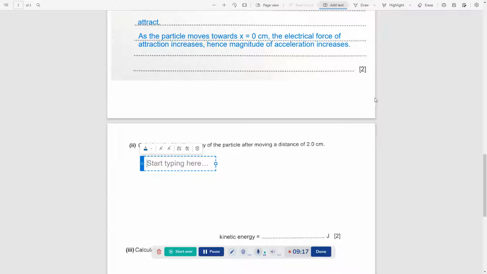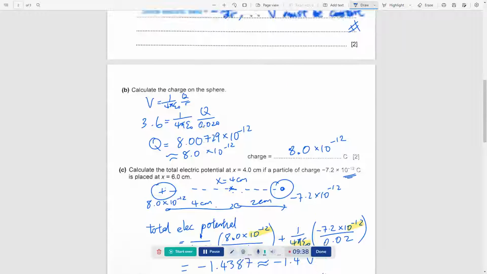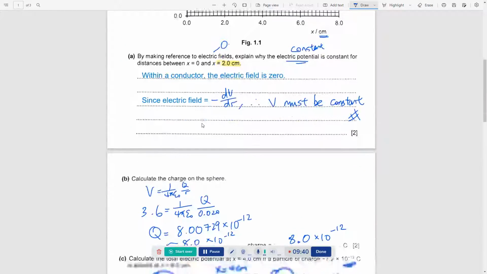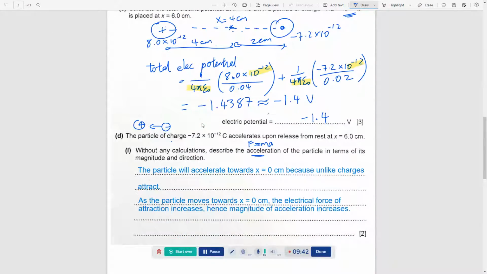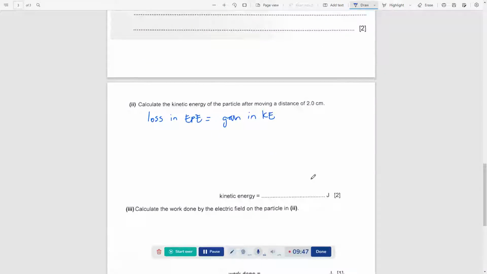So what will happen is that there will definitely be a gain in KE, which must come from a loss in EPE. So loss in EPE equals gain in KE. Okay, it's released from there, so the initial KE is going to be 0.